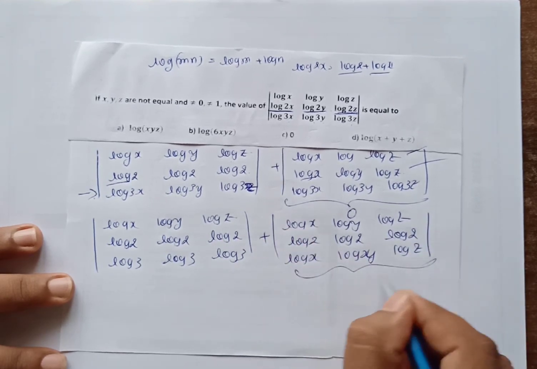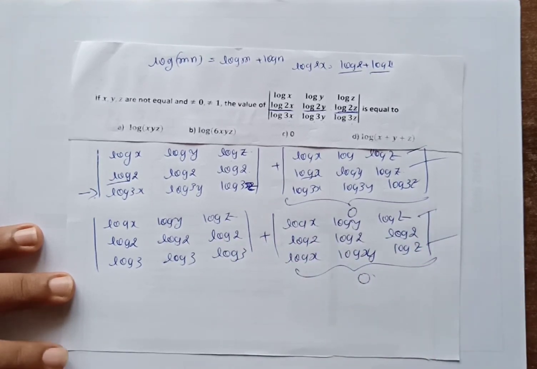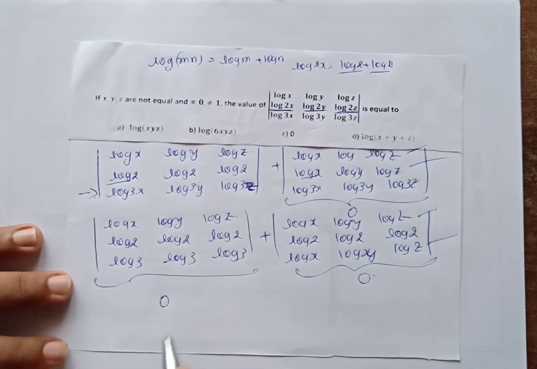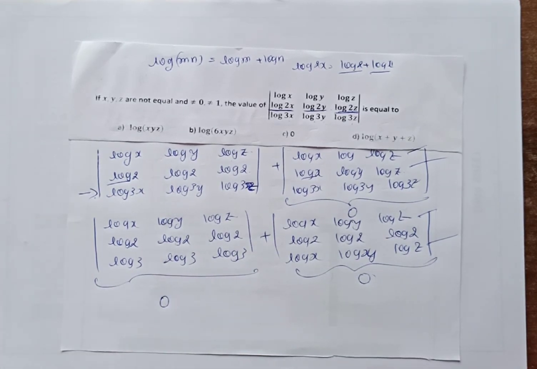Again this determinant is 0 because R1 and R3 are identical. What about the determinant of this? I am going to tell this one is also 0. The reason is very simple.